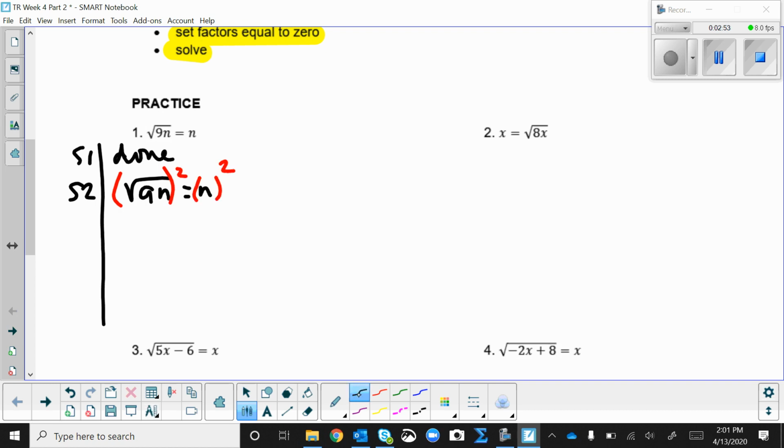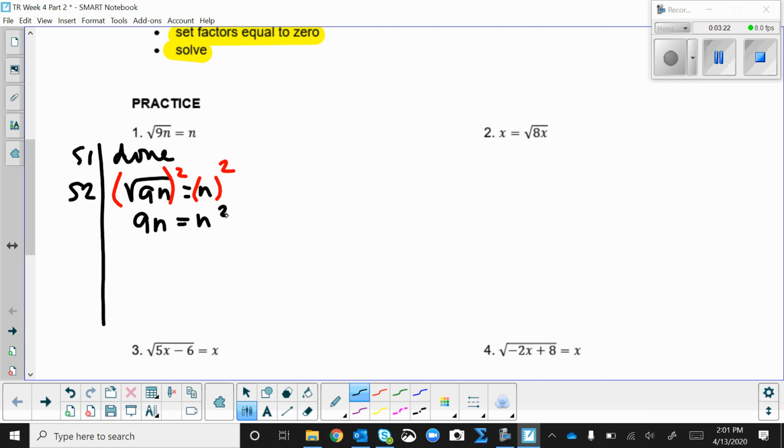But what's up on that right-hand side that's different from the last lesson? It's not a number, right? It's a variable. So after the squaring step, on the left-hand side, the power of 2 cancels out the root of 2, leaving us with just the radicand, the 9n. But on the right-hand side, I have an n squared.